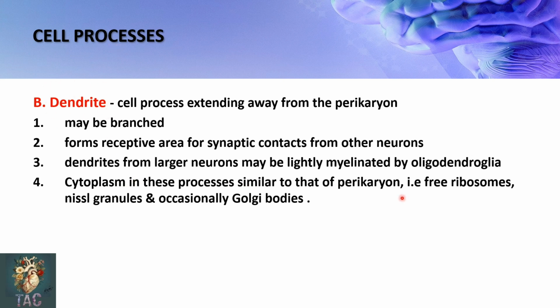The dendrite may contain the free ribosomes, the Nissl granules, and occasionally the Golgi bodies. But in case of axons, no free ribosomes, Nissl granules, or Golgi bodies will be present in the axon. So this point helps us to differentiate between the dendrite and axon in the electron microscopic pictures.